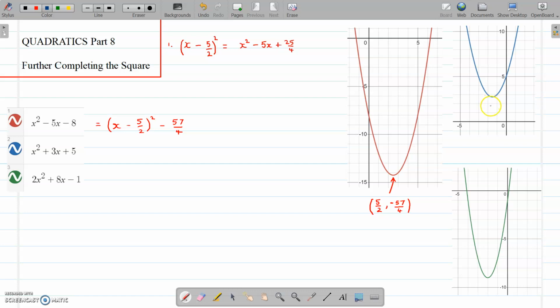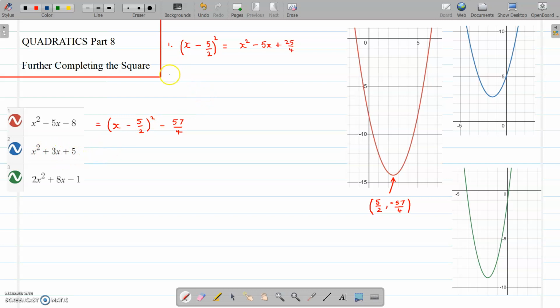Just to refresh your memory, that means that if you try to solve this equation, if it had an equals 0 after it, you wouldn't be able to solve it. But that doesn't matter. We're going to show that completing the square will give you the minimum point just the same.